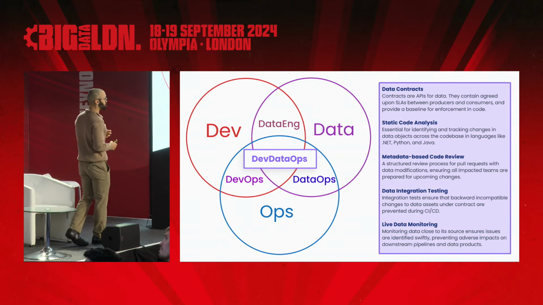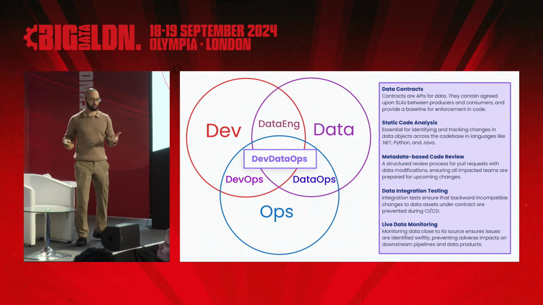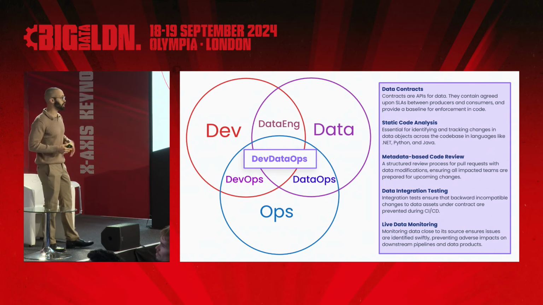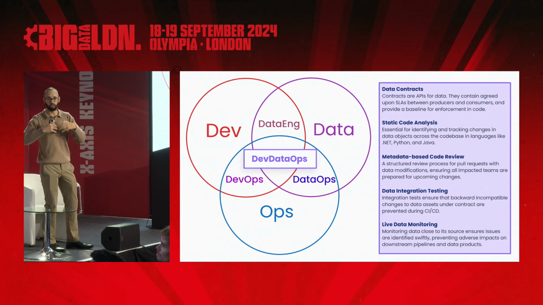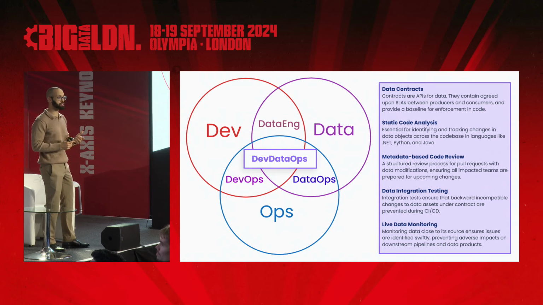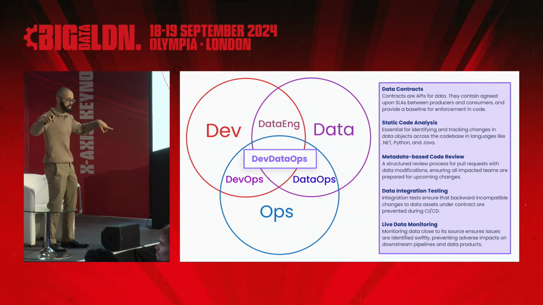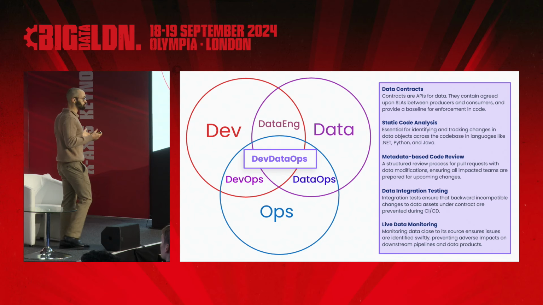All right, so what are the components of dev data ops? I'm not going to spend a huge amount of time here. Data contracts are certainly one component, but all the tools and the techniques from security also apply to the data space. So static code analysis, understanding when a change is made to code, what will it impact downstream? Metadata-based code review.